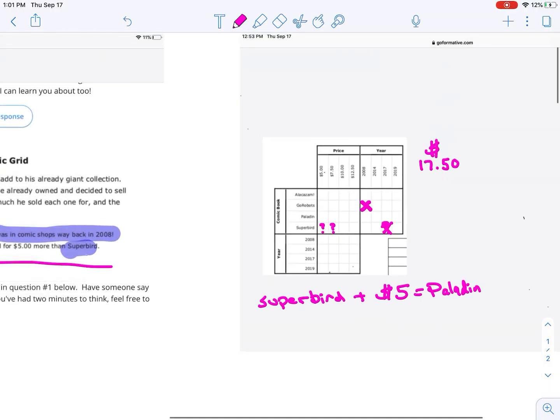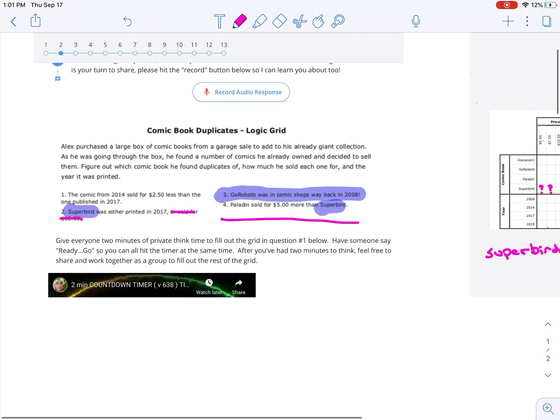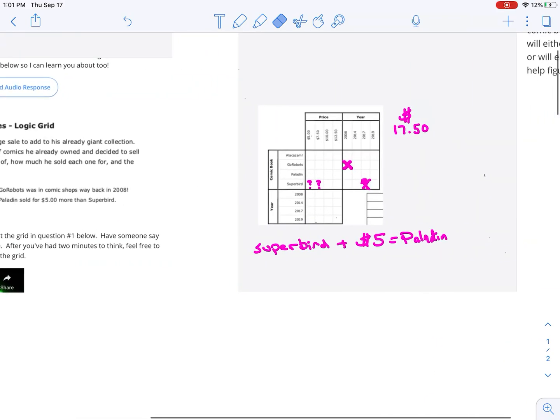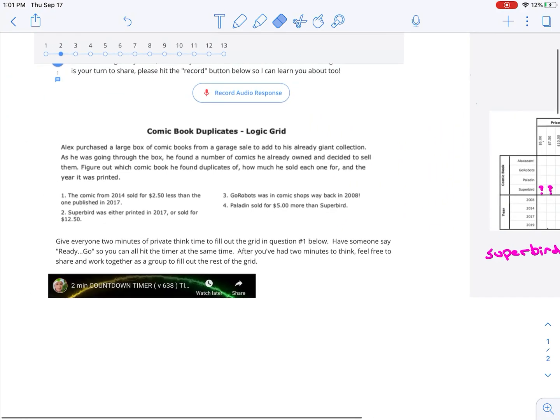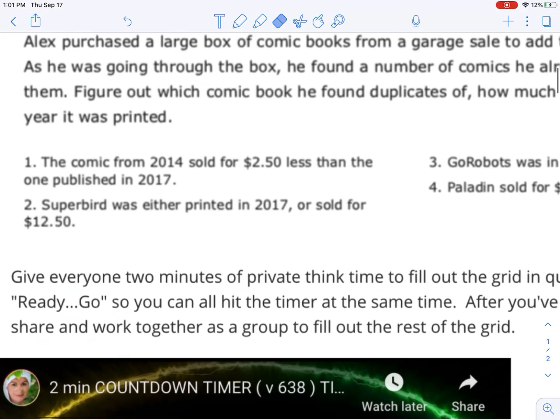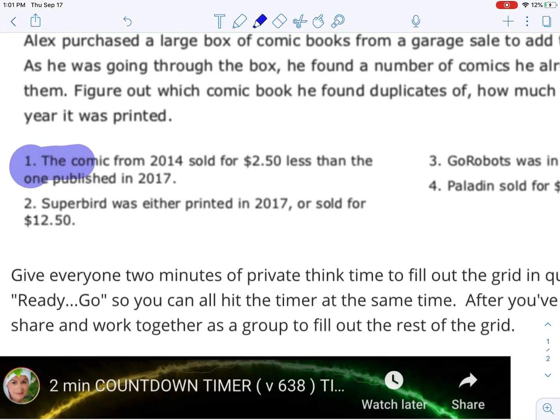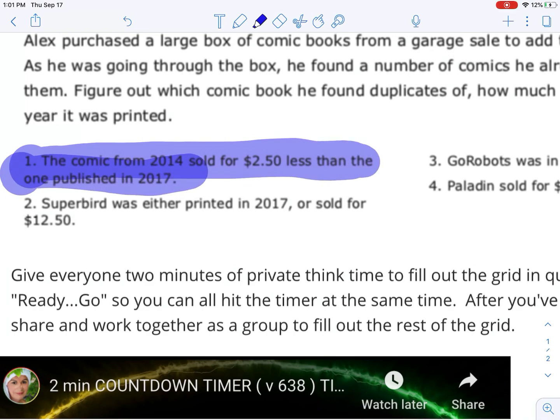All right, so we've looked at 2, 3, and 4, but we haven't yet looked at number 1. So this is where it all starts to hopefully come together a little bit. It tells us in number 1 that the comic from 2014 is $2.50 less than the one published in 2017.